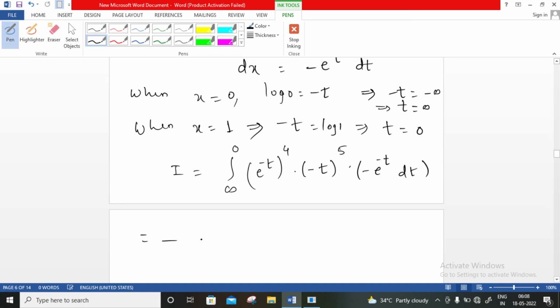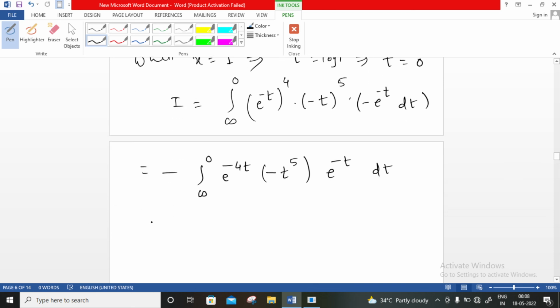Now take a minus common, limits infinity to 0, e^(-4t) (-t)^5. You apply the property of indices, (ab)^m is a^m b^m. So (-1)^5, minus 1 raised to an odd power, becomes minus, t^5 e^(-t) dt.